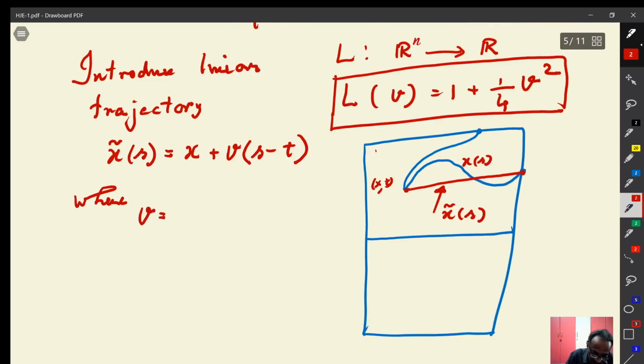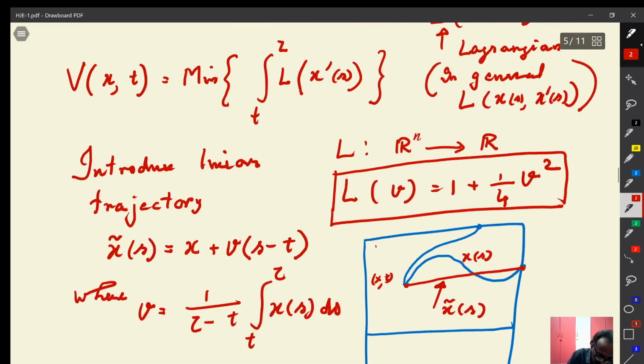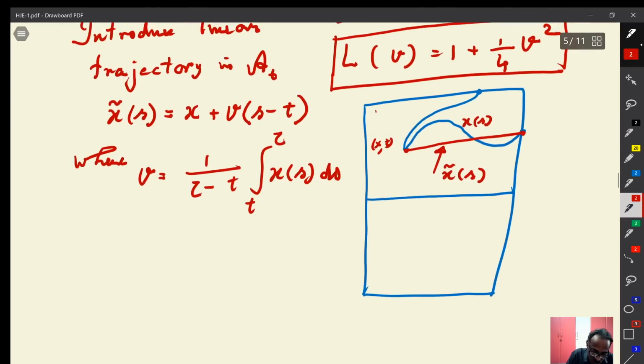Your v is equal to 1 by tau minus t, integral from t to tau, x of s ds. x is your given trajectory. So you are given x in A t, and I introduce a trajectory in A t. This you have to verify. That is indeed true, right?